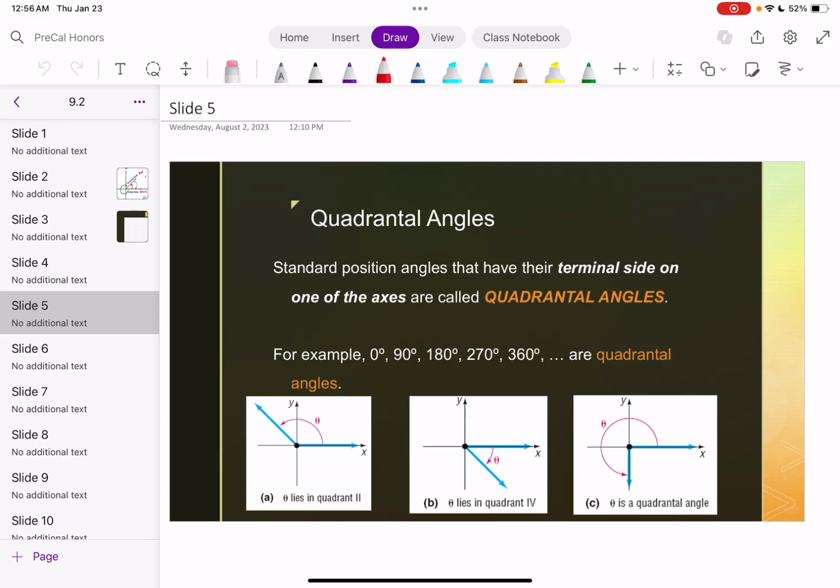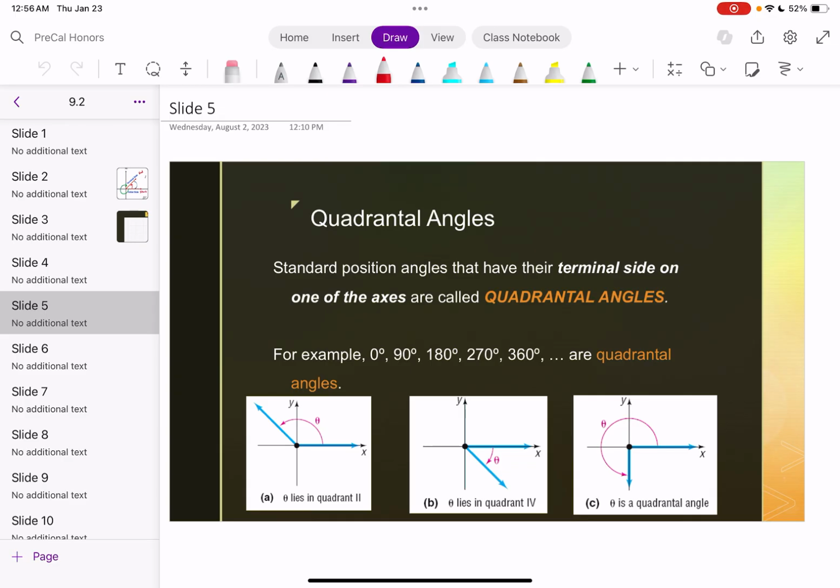Now this would be whenever it lands on any one of the angles created by the x and y intercepts. So whether it is the 0, 90, 180, 270, 360, and so on and so forth.